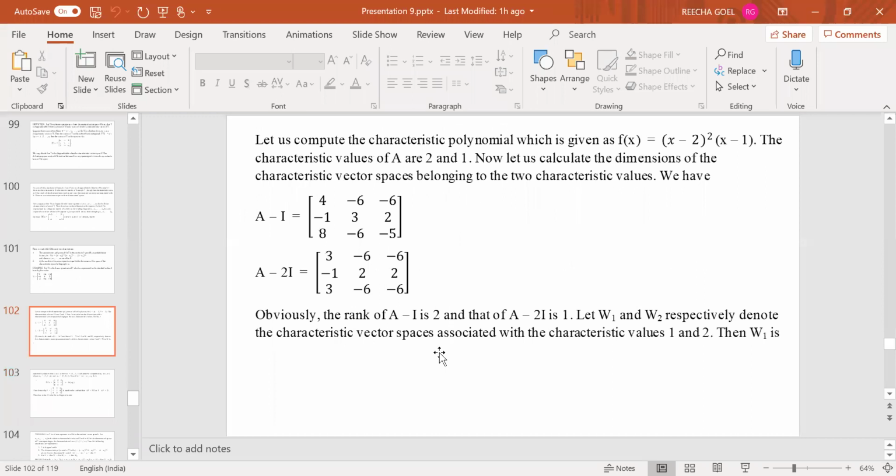For that, first of all, let me calculate the characteristic polynomial of this matrix. It is given by f of x equal to x minus 2 squared times x minus 1. So the characteristic values are 1 and 2. Remember, the space is 3-dimensional, but I am going to have only 2 characteristic values, 1 and 2.